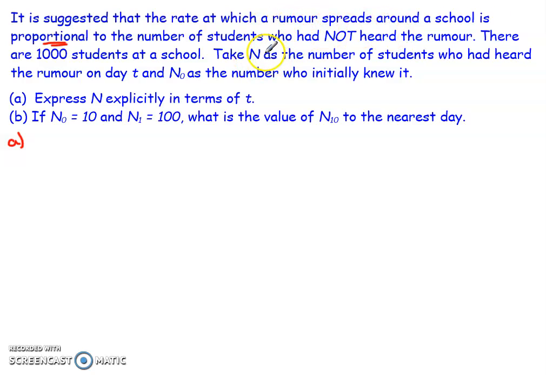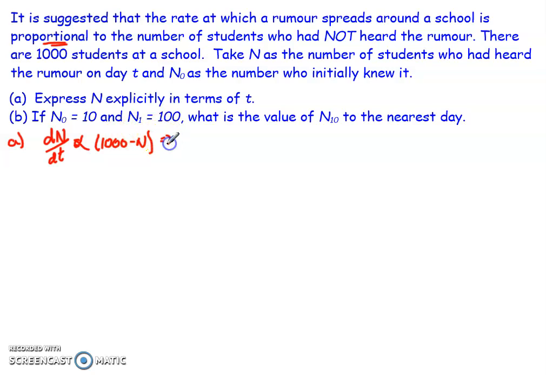If we take N to be the number of students who had heard, and we know there's 1,000, I can then say that dN by dt, the rate at which it spreads around the school, is proportional to 1,000 minus N, because that will give me the number of pupils who had not heard the rumour at that point. If I've got 1,000 in total, and N had heard it, that's what it will be.